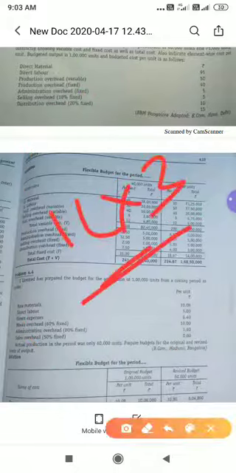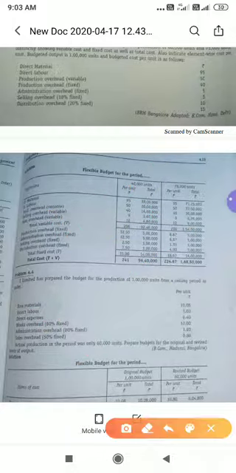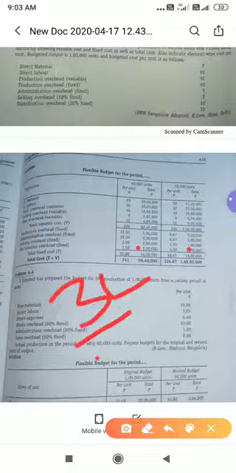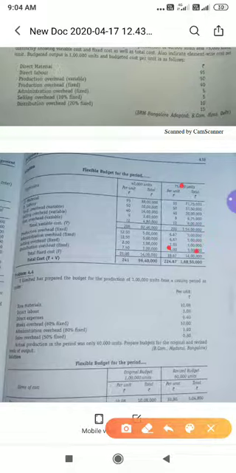This is fixed cost, right? How much will you get? 3 lakh. The same amount should be written here under fixed, 3 lakh, 3 lakh, and just divide 3 lakh by 40,000, we will get 7.50. Next, 3 lakh divided by 75,000, we will get 4.